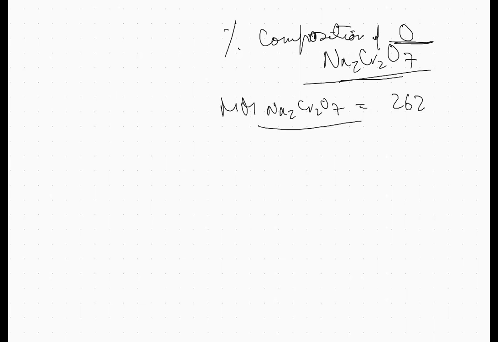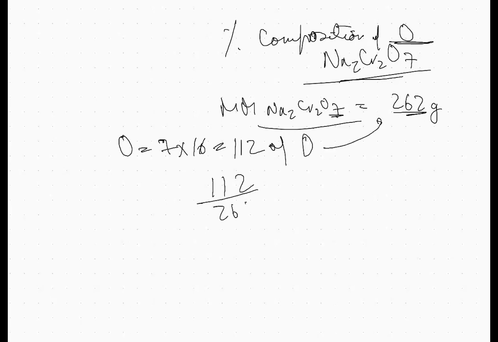So for oxygen, 7 times 16 would be 112. So 112 of O are in the whole. So 112 divided by 262, the entire mass, times 100, you should get the percentage. I get 42.7%, so we can say 43%.